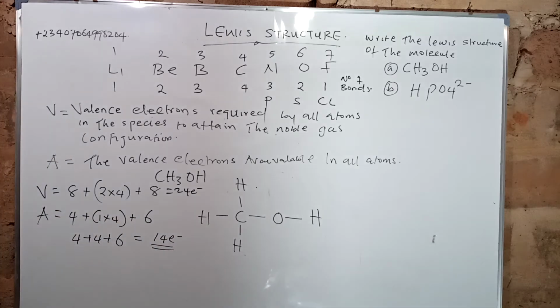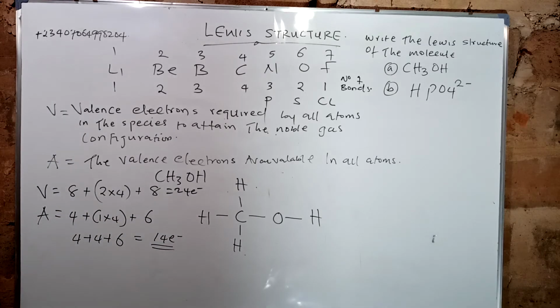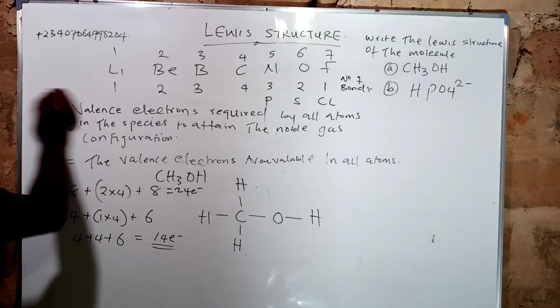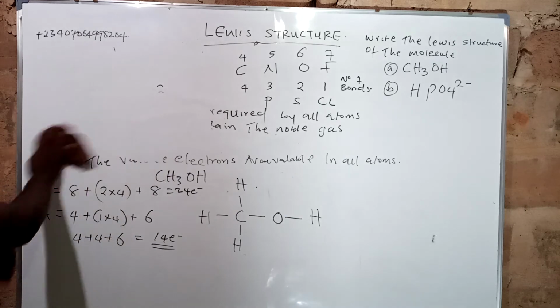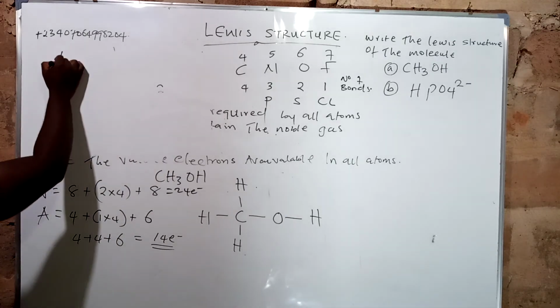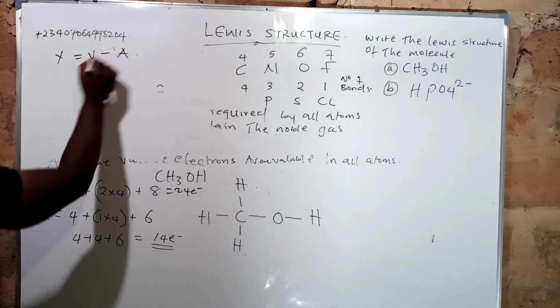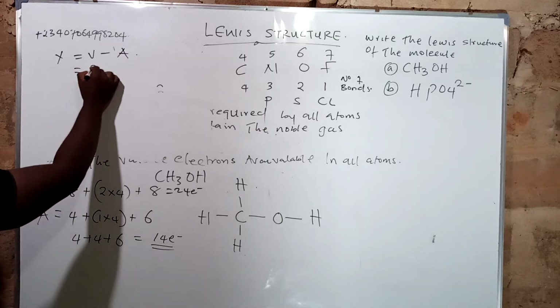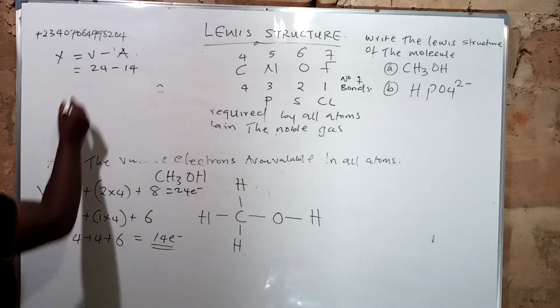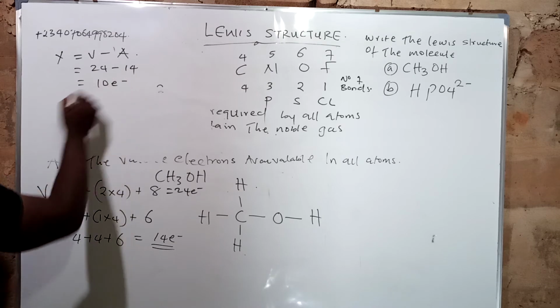Now the next thing is to get your X. I'm taking my time; in my subsequent videos, I'm going to be extraordinarily fast. X is V minus A, so 24 minus 14, and that gives you 10 electrons, right?